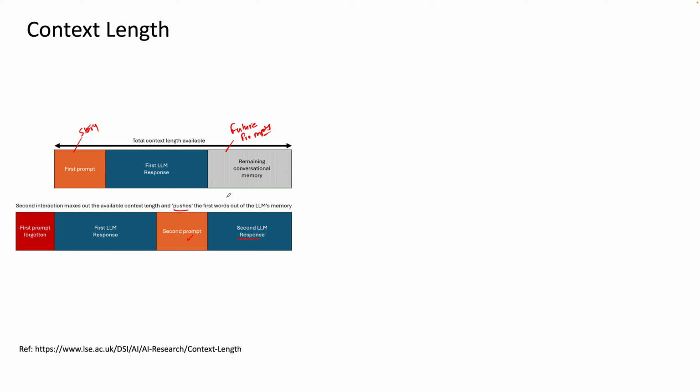But as soon as you cross this total context length, this will age out. That is very important. Because your entire context length has maxed out, your memory won't store the previous part, or the first prompt. This would be gone, and only this and this are available. So that is where context length comes into the picture.